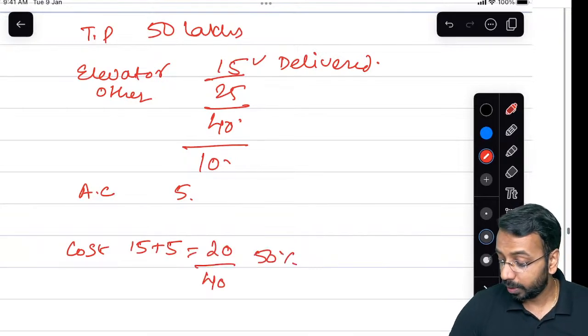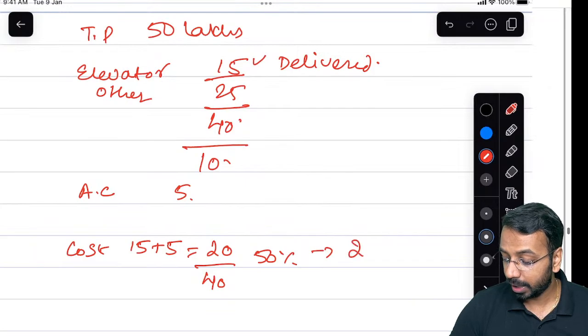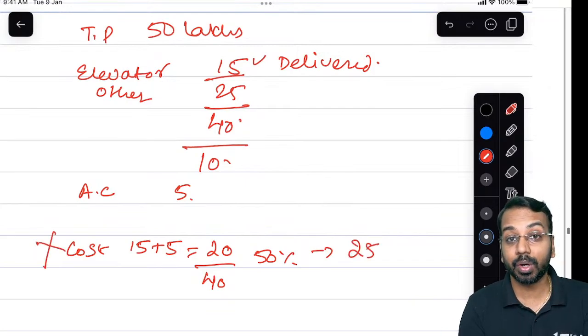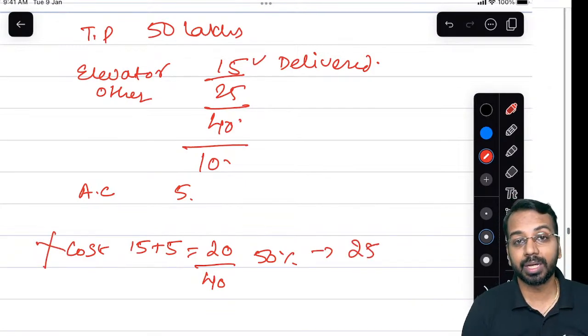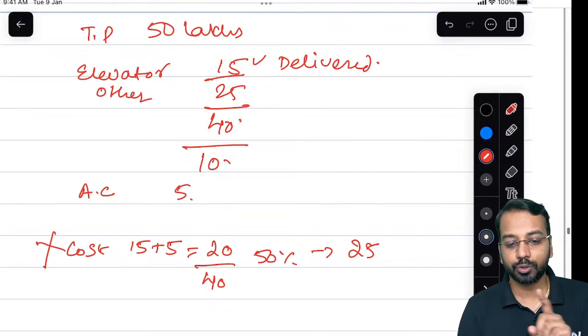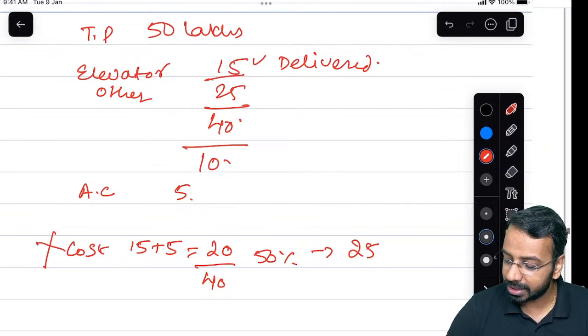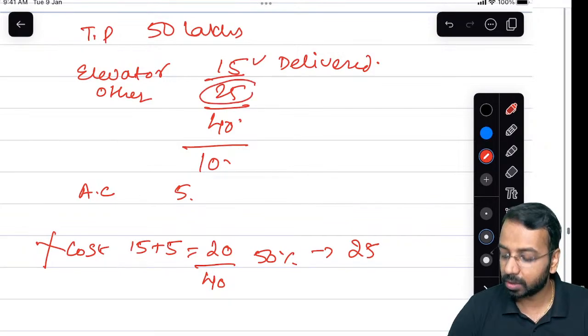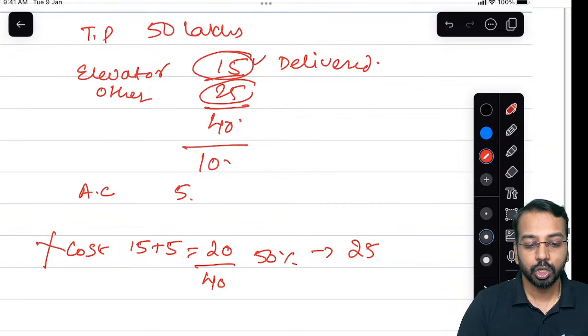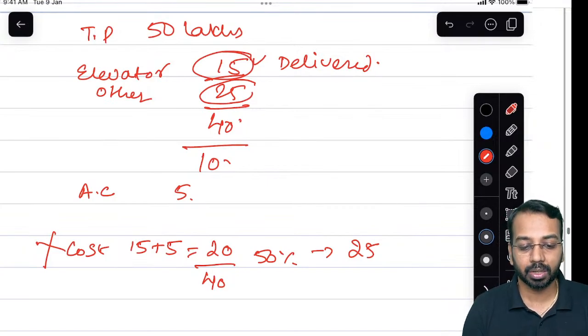If you do this, you will recognize 25 lakhs of revenue, and the standard says this is excessive because a significant part of the work has not been done. Lift will be installed after 6 months of time, right? That is why you should not recognize, and you should adjust this 15 lakhs of cost of elevator to reflect what is the other cost that will be incurred, and accordingly we should recognize the revenue.